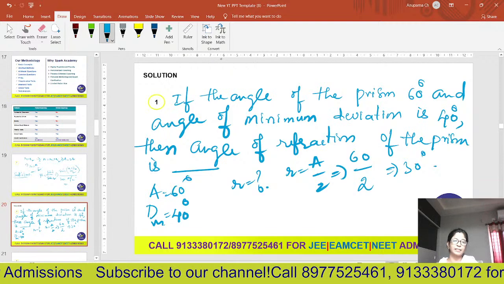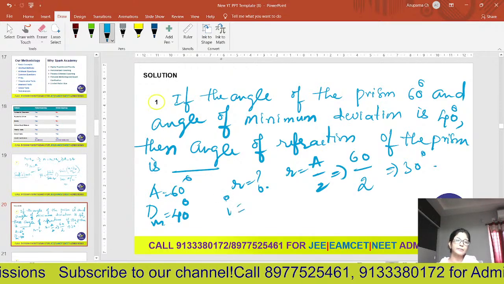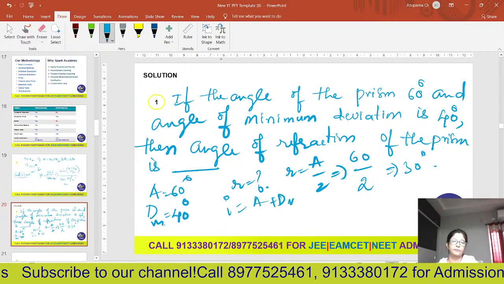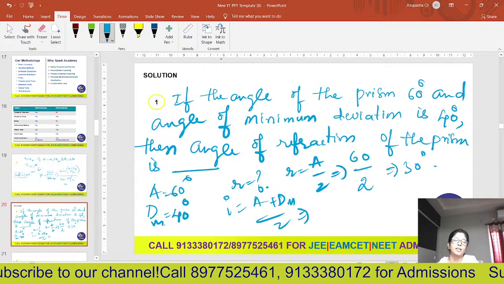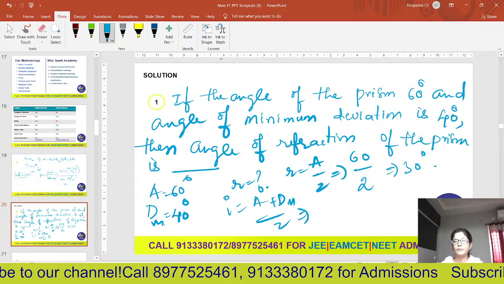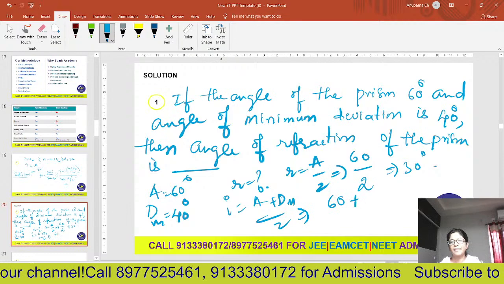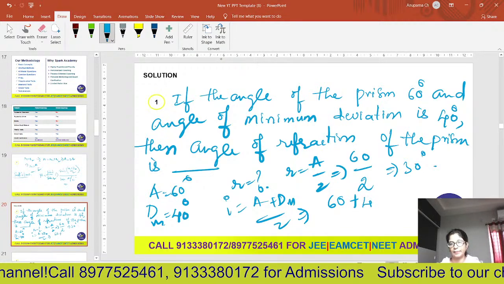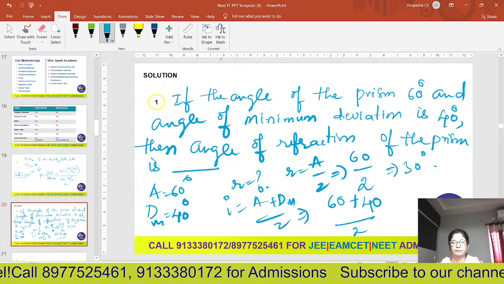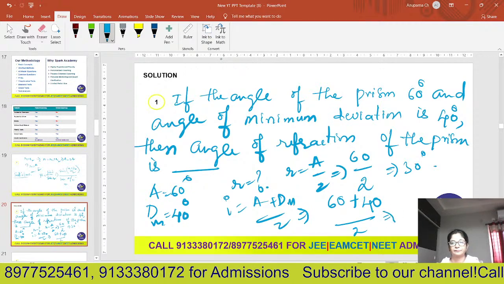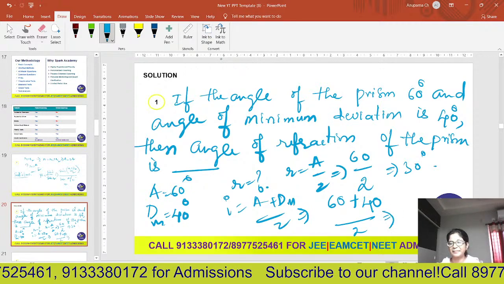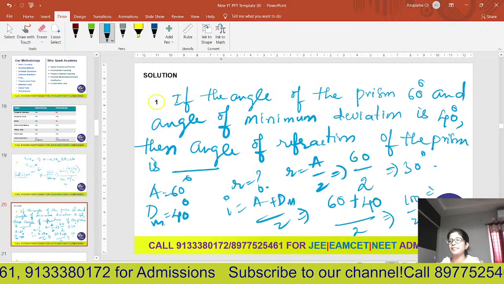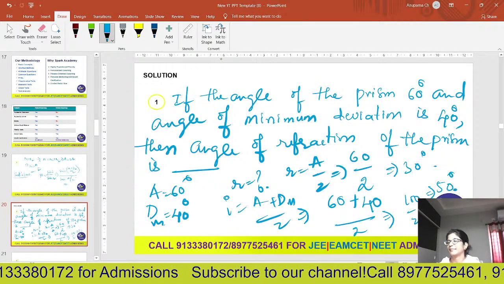What is the formula here? I is equals to (A plus Dm) by 2. Isn't it? So, A is 60 plus Dm is 40, by 2. That is 100 by 2, that is 50 degrees, isn't it?